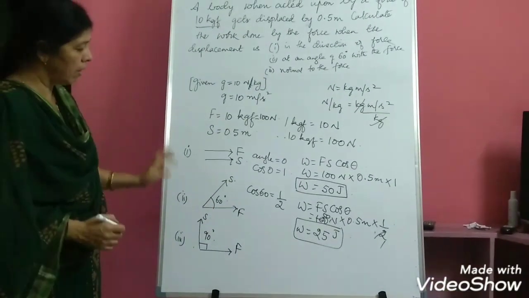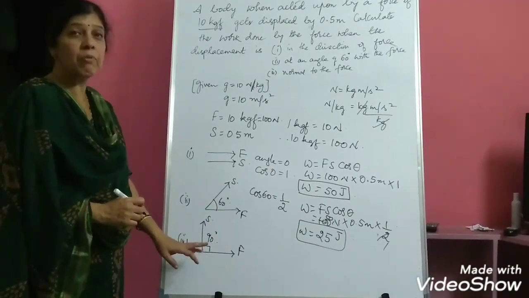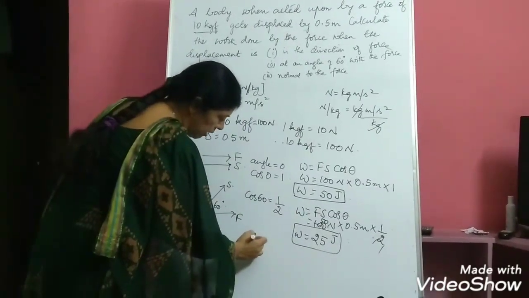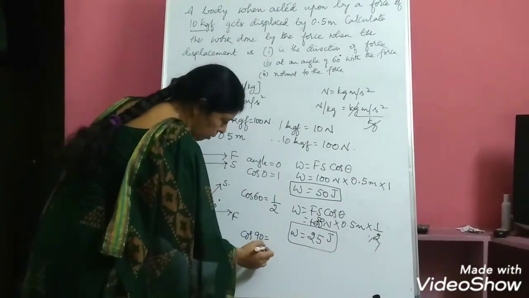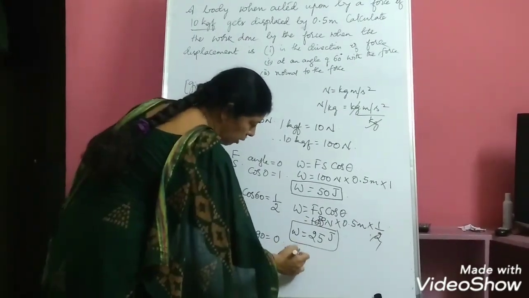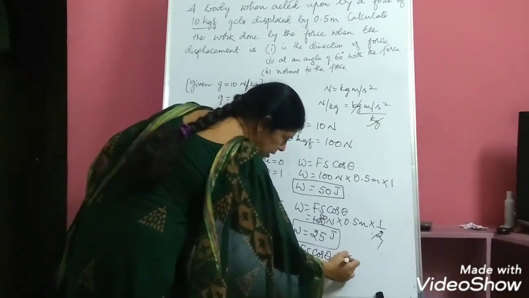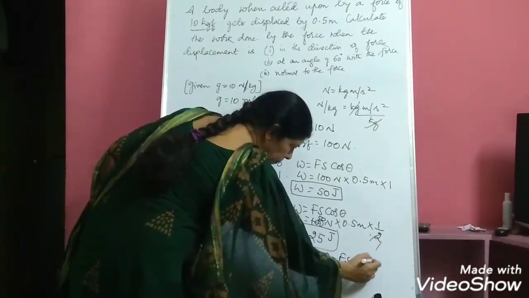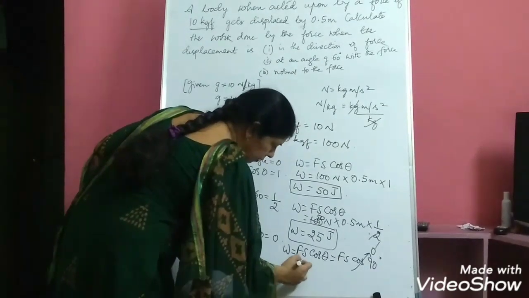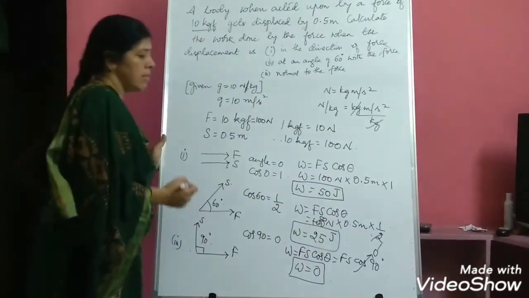We know that whenever force and displacement are normal to each other, then work done will be 0, because here cos 90 value will be equal to 0. So use the formula W is equal to Fs cos theta, that is equal to Fs cos 90. Cos 90 is 0. So directly we can write W is equal to 0. This is the solution.